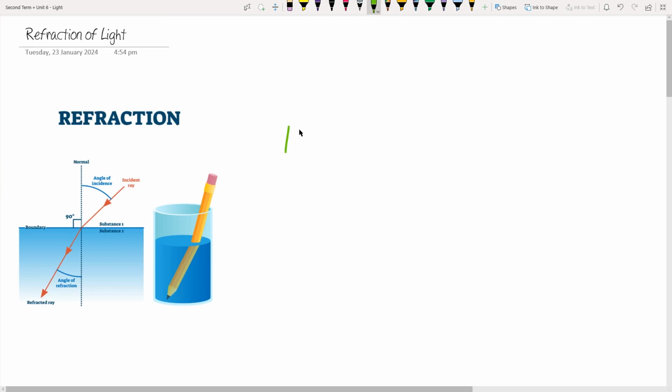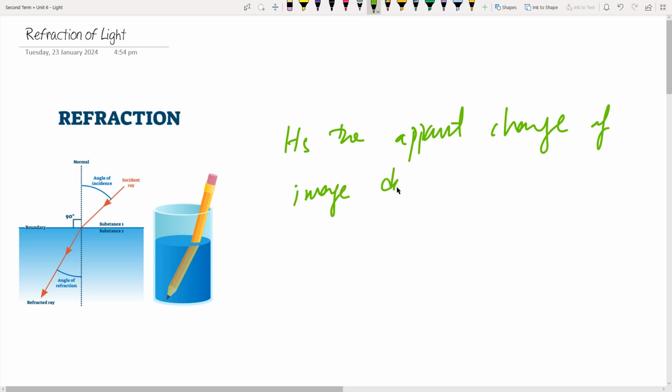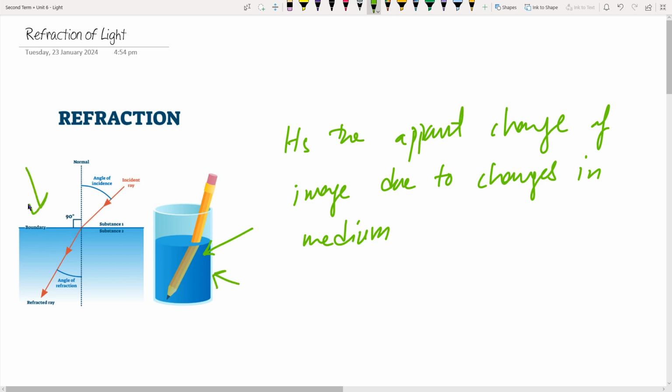We can say it's the apparent change of image due to changes in medium. And what do we mean by medium? Medium over here is this water and this glass, and in this normal case we have just the water and the air.